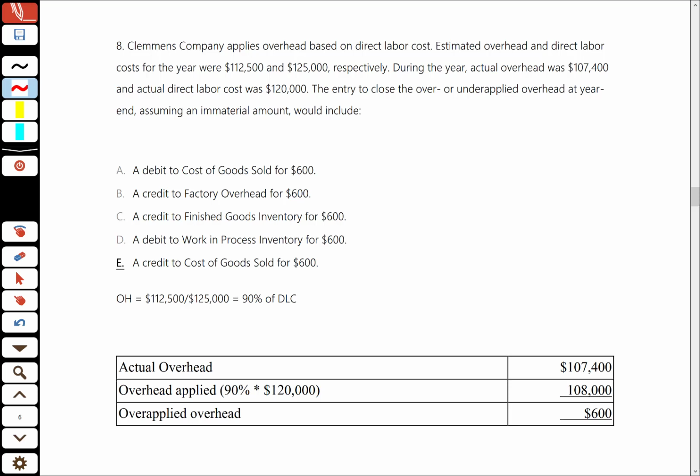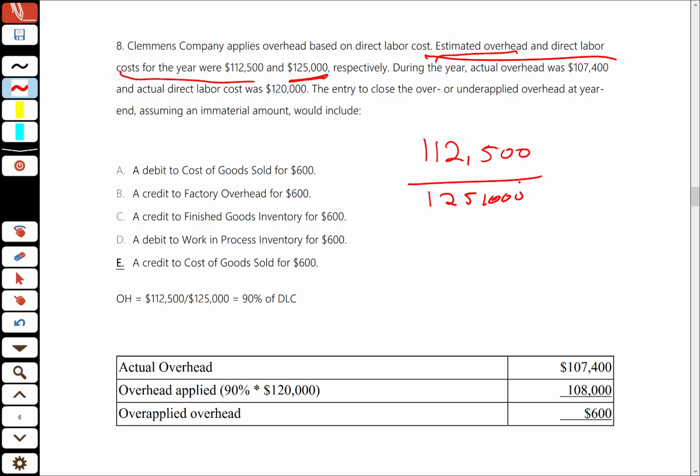What's this? Okay, good. Estimated overhead cost of $112,500 divided by what? The estimated direct labor cost is 125, right? So that gives me a rate of 90%.